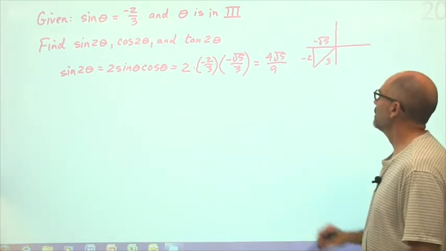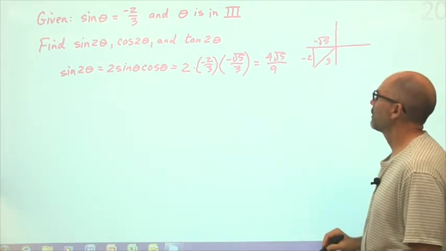That's it. Sine 2 theta is 4 square root of 5 over 9.